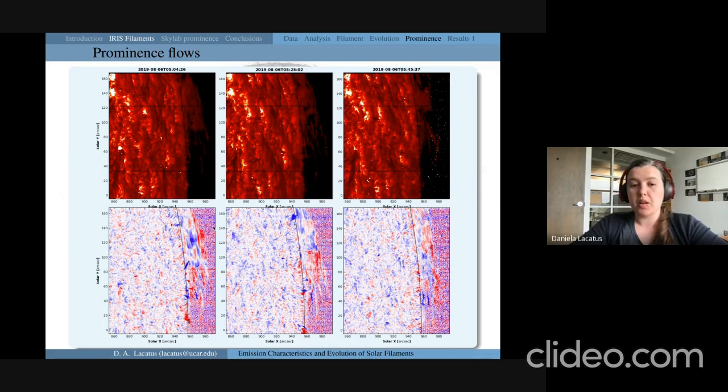We can individualize the flows that have coherent structures within the filament. So we have flows that are carrying material along the filament, but also flows that are carrying material in the plane of the sky along the prominence structure.